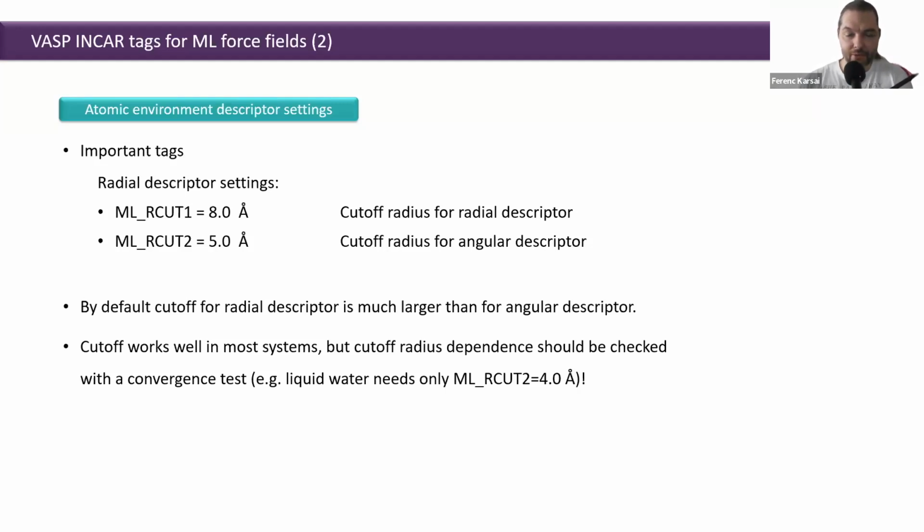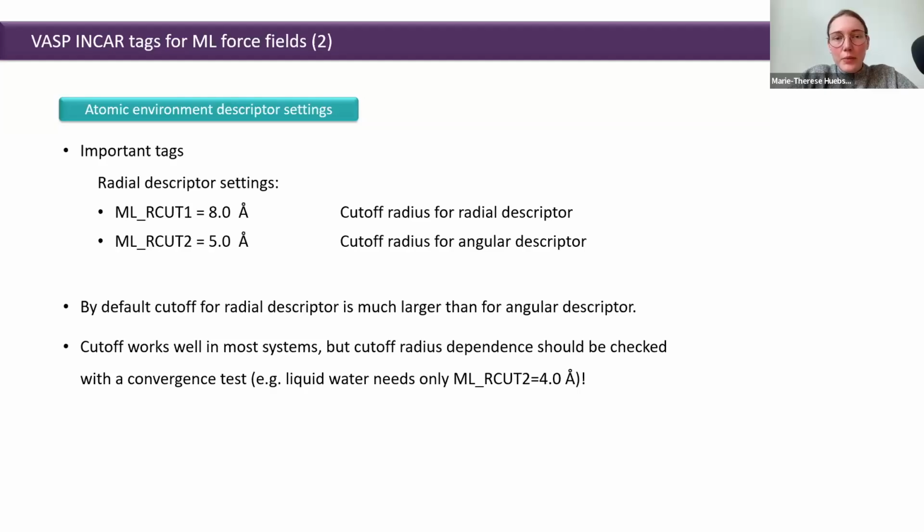Usually we don't do another on-the-fly training, we just refit, and sometimes the larger the radius, the harder it is to fit. So you can simplify things by going to 4 angstrom, and anyway you capture the majority of interactions with 8 angstrom. Already a pure two-body descriptor would give you a 70% or 80% good force field.